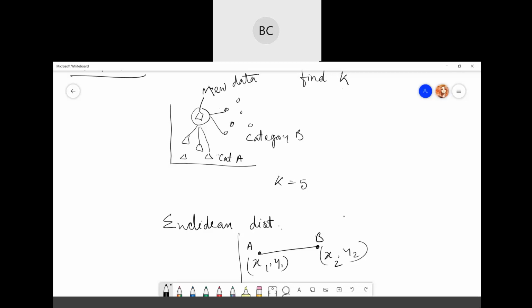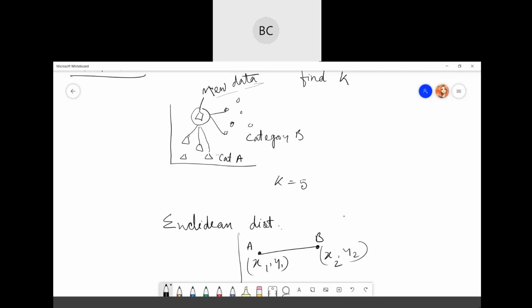So after calculating the Euclidean distance, the algorithm will see that the 3 nearest neighbors belong to category A. If they belong to category B, then it will decide the class of the new data is B. In some cases, you can hypertune your parameters.